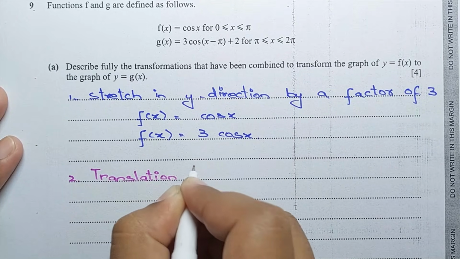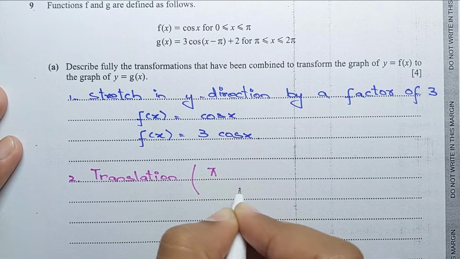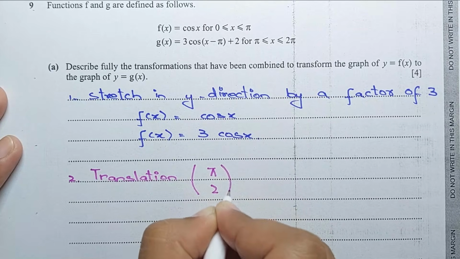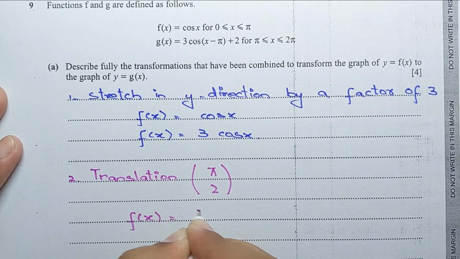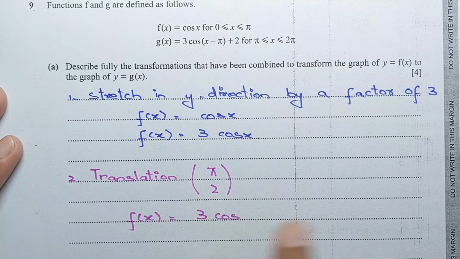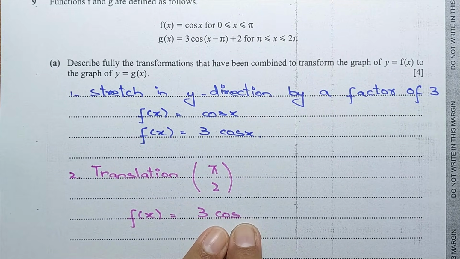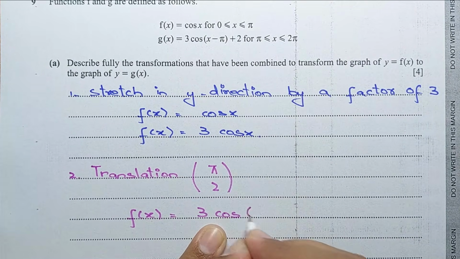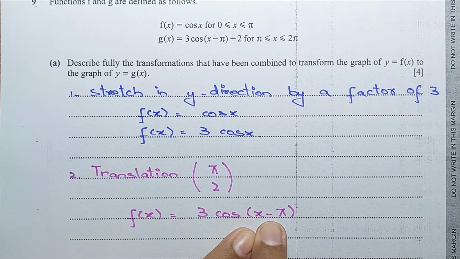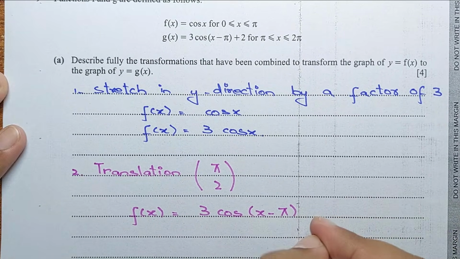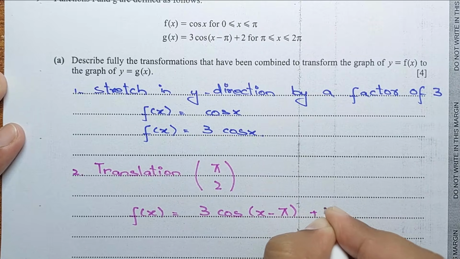The horizontal translation is pi and the vertical translation is 2. So f of x becomes 3, which is outside cos. Keep in mind the horizontal translation is always with the x value, x minus that horizontal translation. This minus is part of the formula, right? And the vertical translation is outside the function, plus 2.